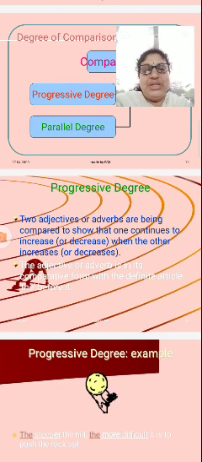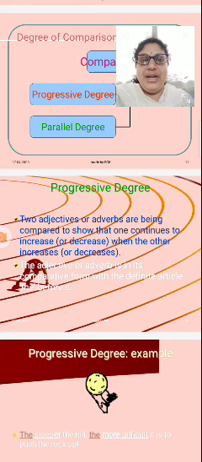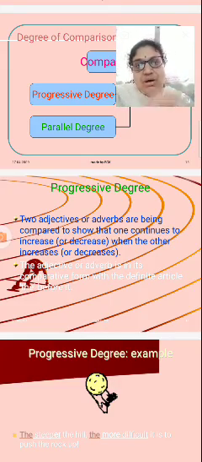The adjective or adverb is in its comparative form with the definite article the before it. What is the progressive degree? It is two adjectives or two adverbs being compared to show that one continues to increase or decrease when the other increases or decreases.